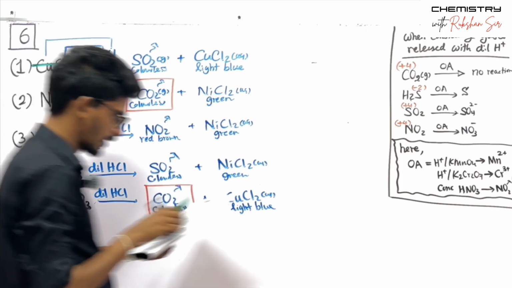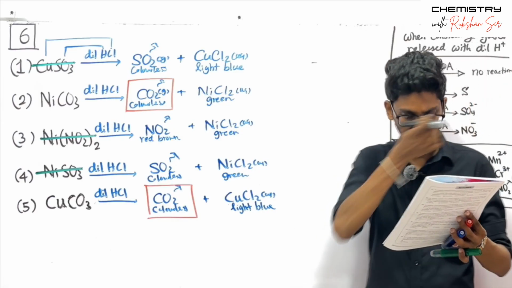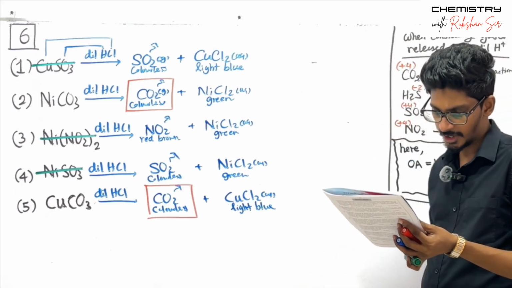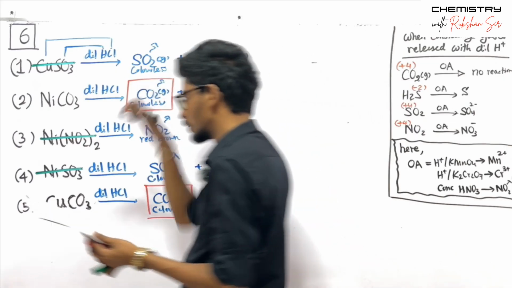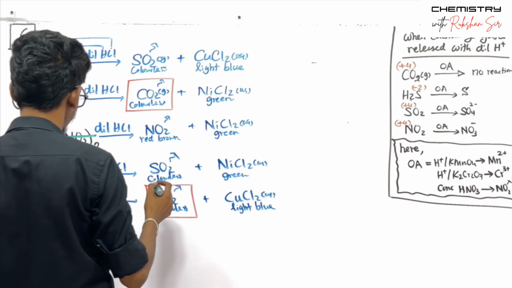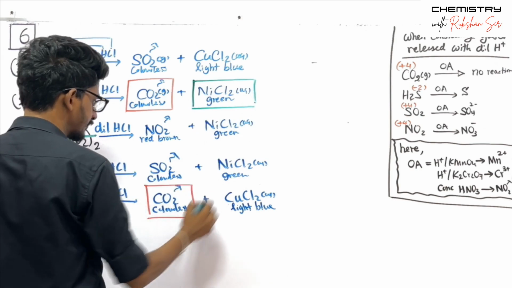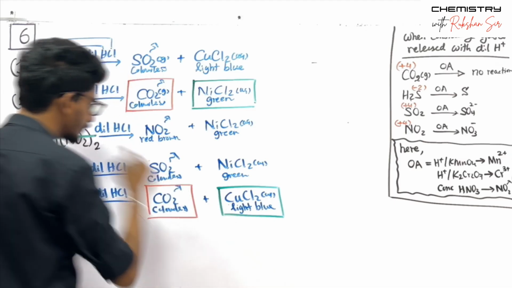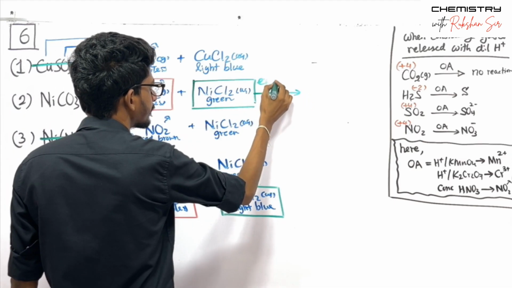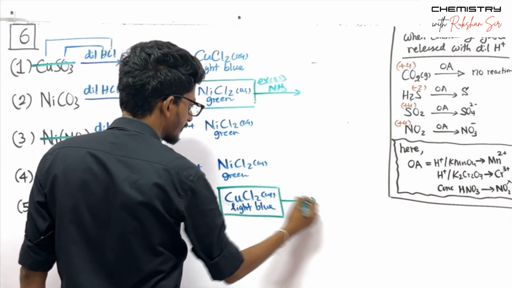Right now. Okay. See, when excess ammonia was added to the colored solution, the colored solution is this. So you are adding excess ammonia to this. So what will happen now?